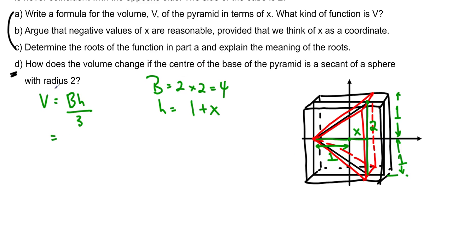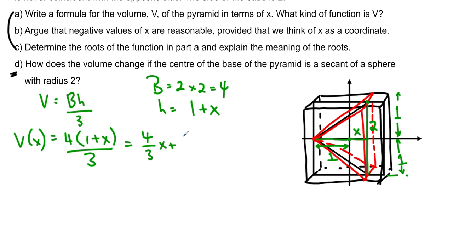It doesn't have a lot of variables going on. V of x is equal to 4, that's the area of the base, times 1 plus x over 3, and I could then expand it into standard form like that. It's a line. We could have negative values of x, of course, because x could come over here and just be a really short pyramid, so that makes sense.